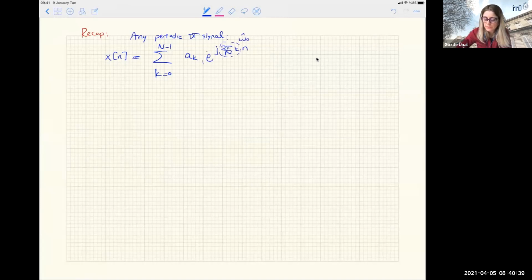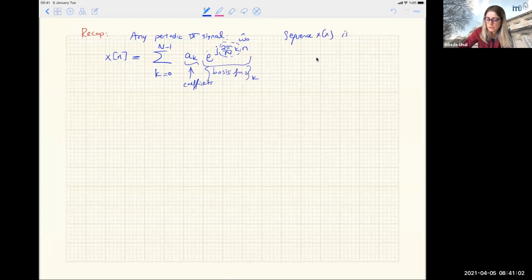So this is really the basis function, and the basis function set, of course, indexed by k, and these are the coefficients, again indexed by k, right? And this signal x of n is periodic with fundamental period capital N. That was the important thing to be able to determine.